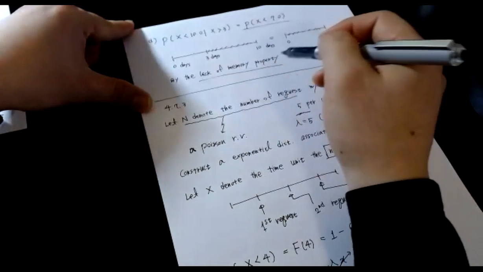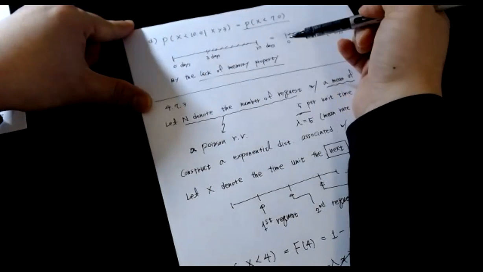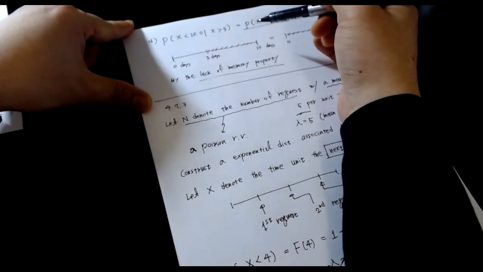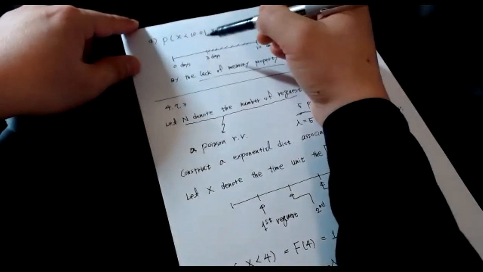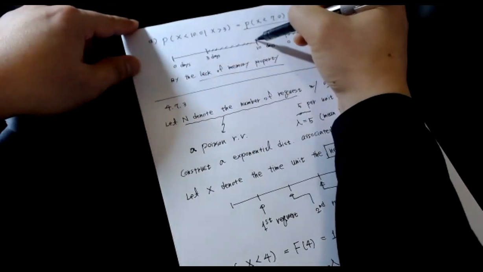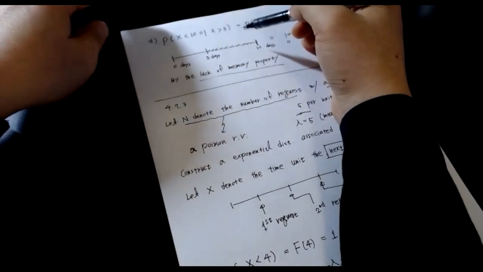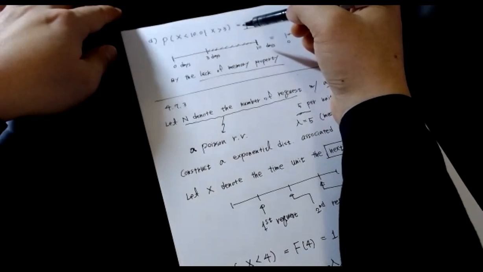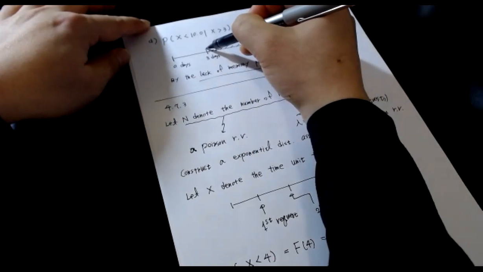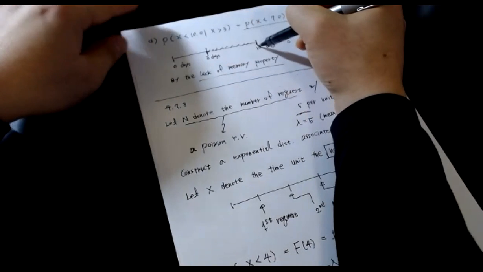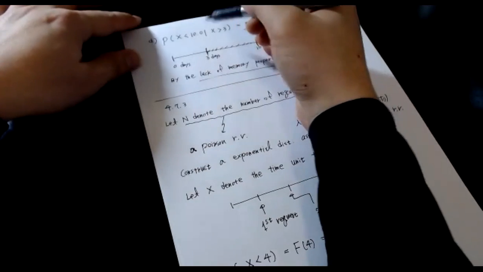What's the lack of memory property? Think about this. Here's 0 days to 10 days, okay? We want to find the probability that the next change occurs between 3 and 10 days. The time until the next change occurs, between 3 and 10 days, will not be affected by the past time passed, 0 to 3 days, in an exponential distribution.